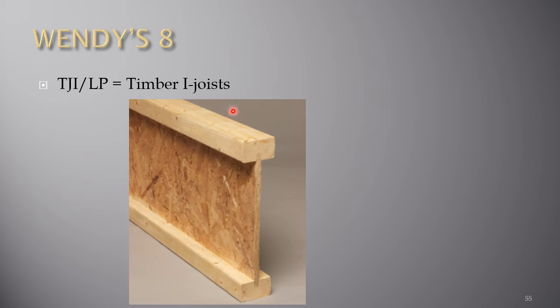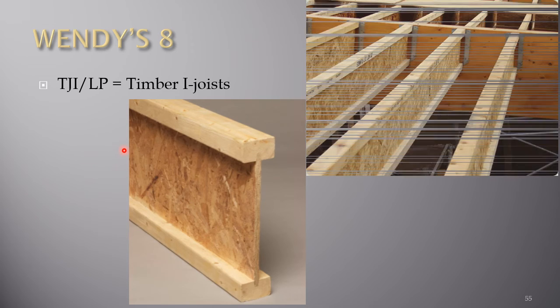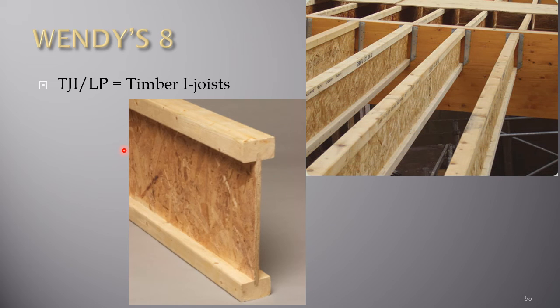They are often used as floor joists and roof rafters because there is less wood fiber in the I-joist than there would be in a solid joist of lumber. They have to be braced because their thin section can make them relatively unstable.